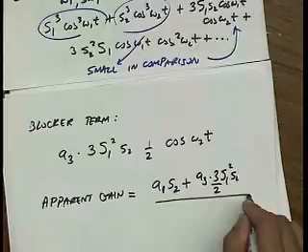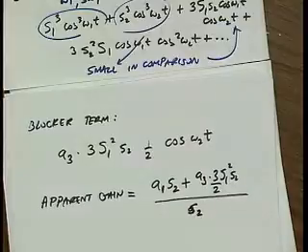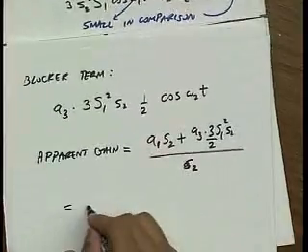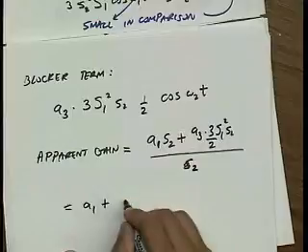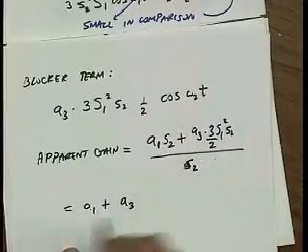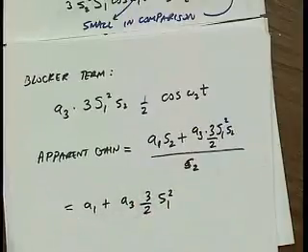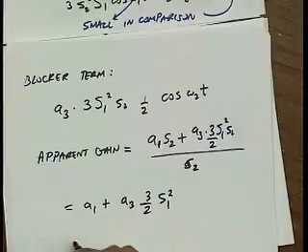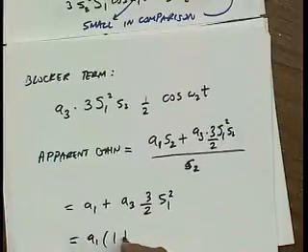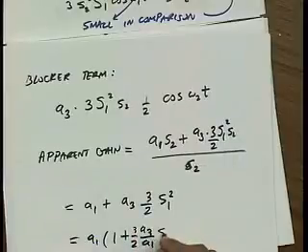And if I now divide this by the input, which is S2, the apparent gain looks like A1 plus A3. I can see that S2 cancels out of this equation. 3/2 S1 squared. And I could write this as A1 times 1 plus 3/2 A3 over A1 S1 squared.